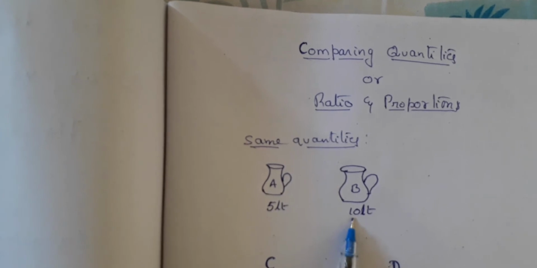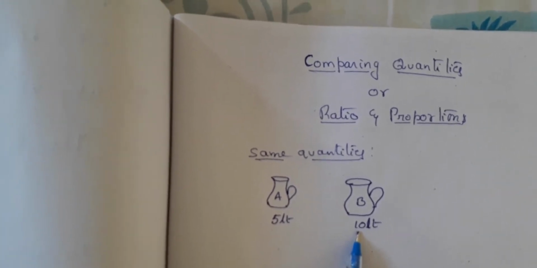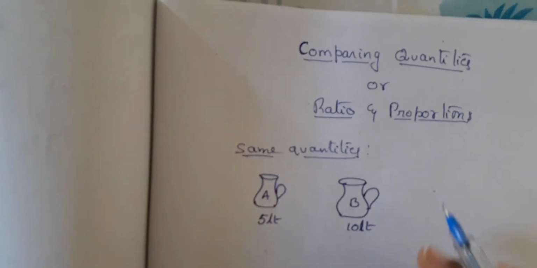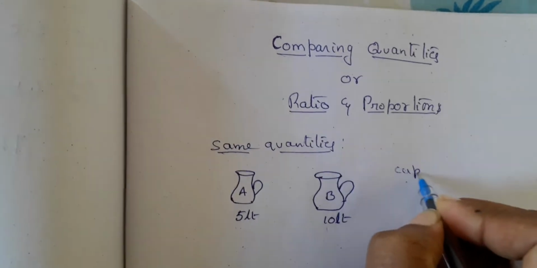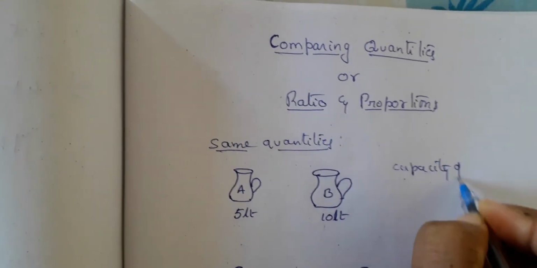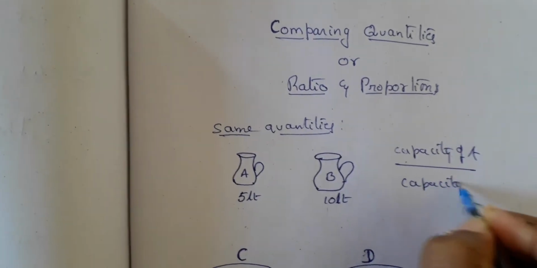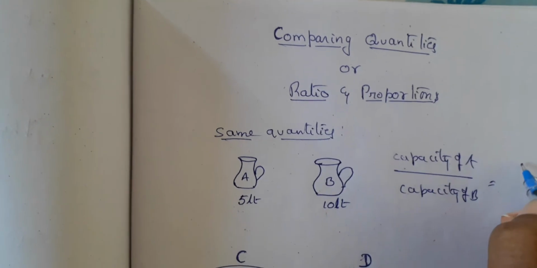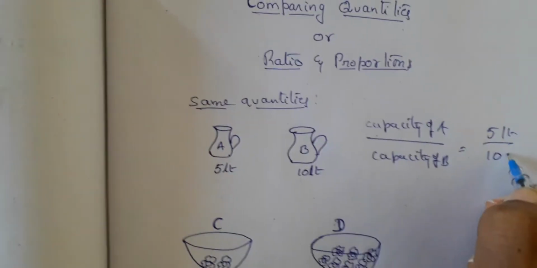So usually whenever we talk about this comparison, we use the division process, right? That is what we call a ratio. Suppose now if I wanted to use the division process, then I'll do it like capacity of A by capacity of B is equal to, what is the capacity of A? 5 liters by 10 liters.